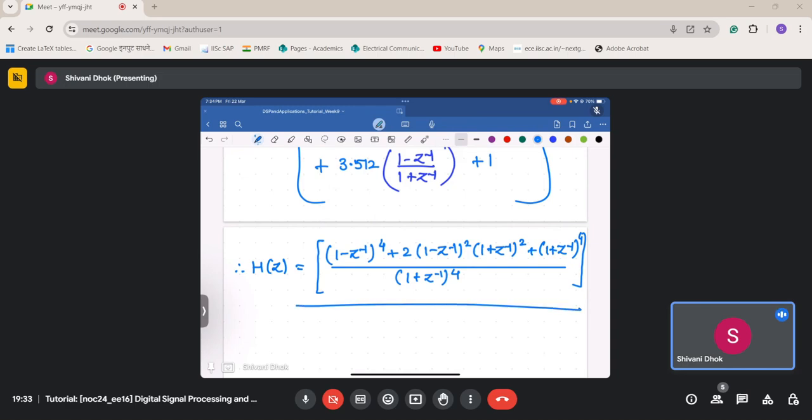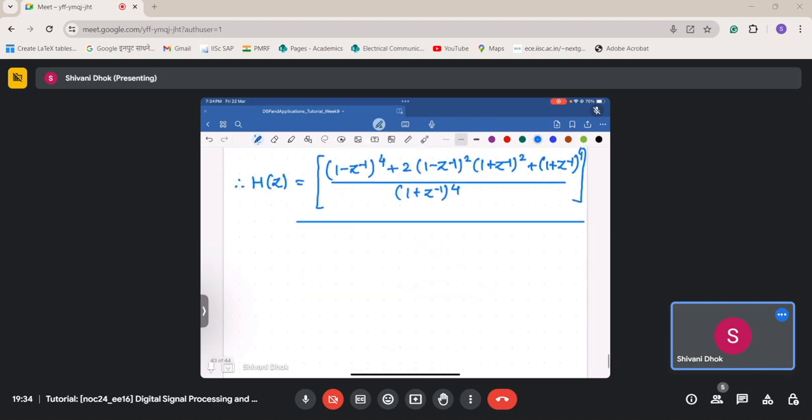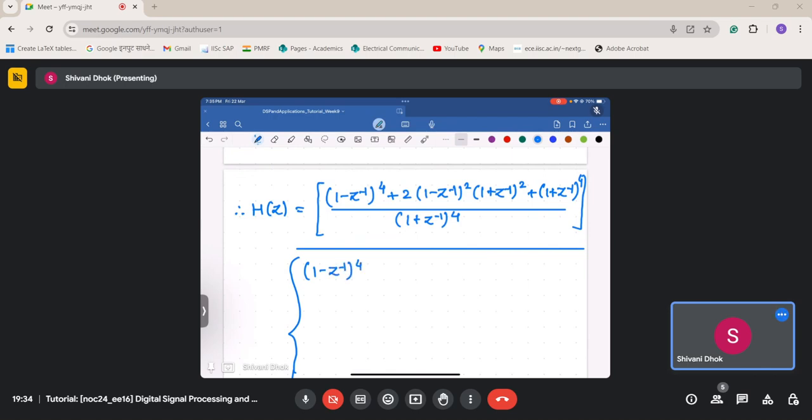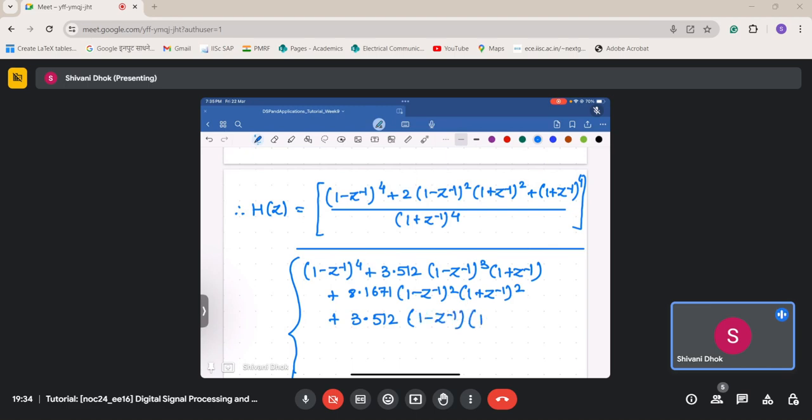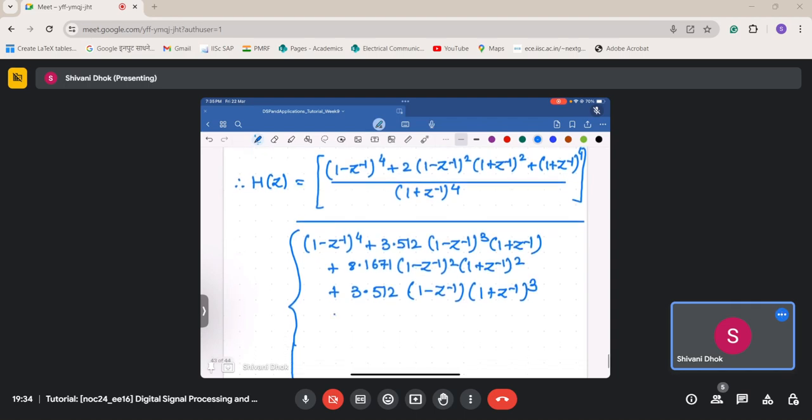And in a similar way, this denominator we can write as 1 minus z inverse to the power 4 plus 3.512 into 1 minus z inverse cube into 1 plus z inverse plus 8.1671 into 1 minus z inverse square into 1 plus z inverse square plus 3.512 into 1 minus z inverse multiplied by 1 plus z inverse to the power 3 plus 1 plus z inverse to the power 4.